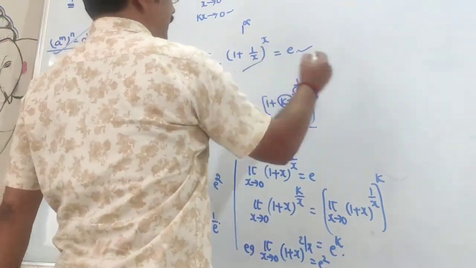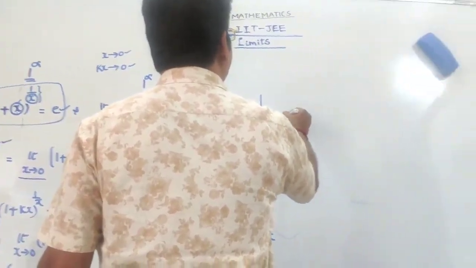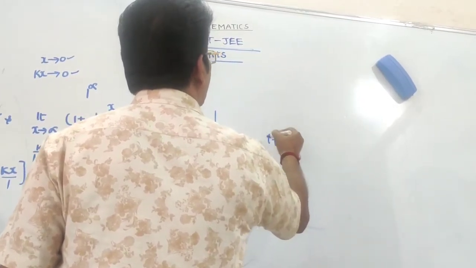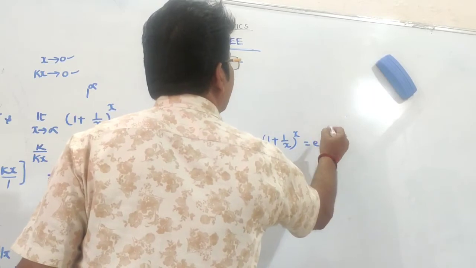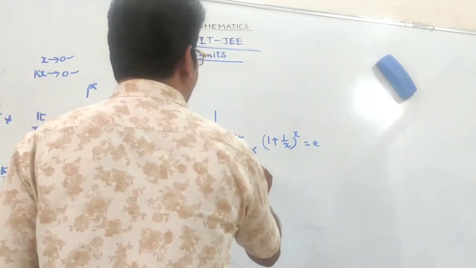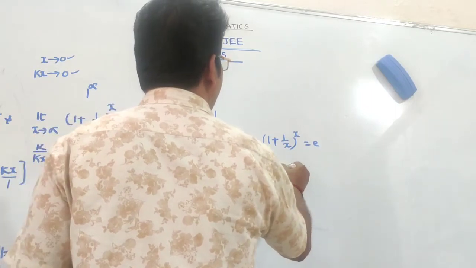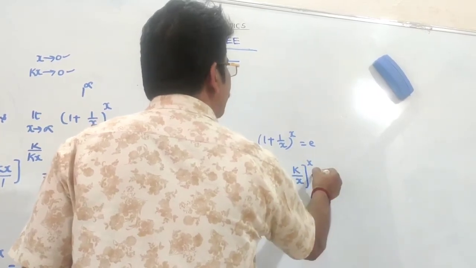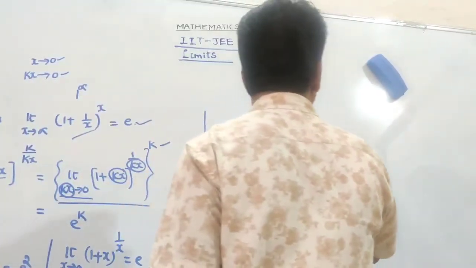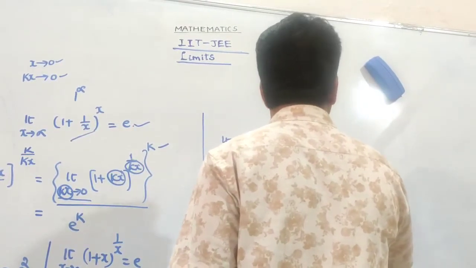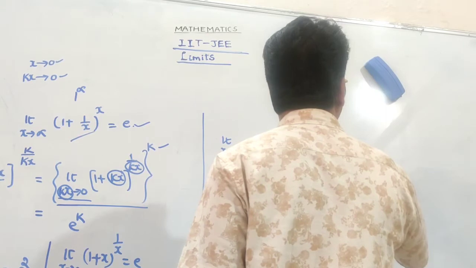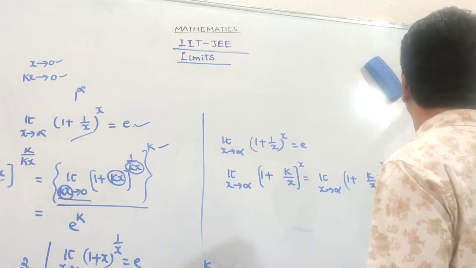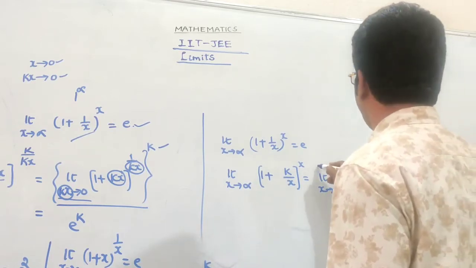Come to this point. Limit x tends to infinity, (1 + 1 by x) whole to the power of x is equal to e. Now we are discussing a different case. x tends to infinity, (1 + k divided by x) whole to the power of x. It can be written as (1 + k by x) whole to the power of x by k into k, which is (1 + k by x) whole to the power of x by k, whole to the power of k.